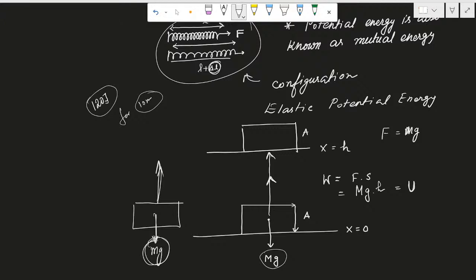So I was asking, if the gravitational potential energy at a height of 10 meter from the Earth's surface is 120 joule, what will be the gravitational potential energy for the same object for the same height in case of moon?